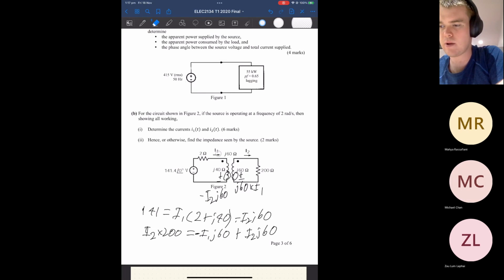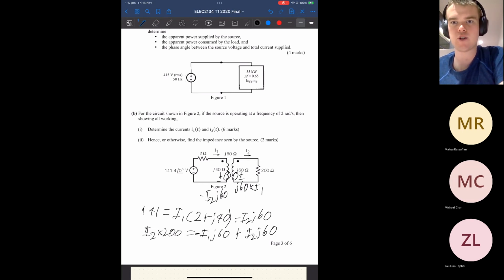If we want to find the impedance seen by the source, we're thinking maximum power transfer. Because we have a dependent source, we would want a dummy source. Does that make sense? Essentially what we're going to do is treat that as a dummy source.